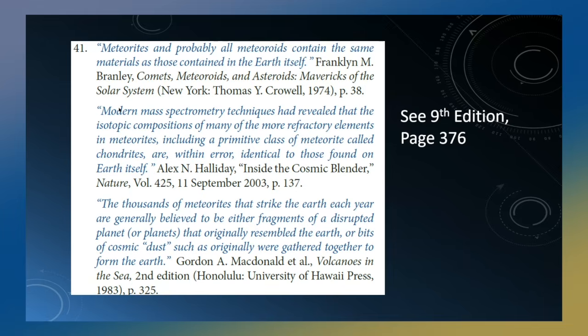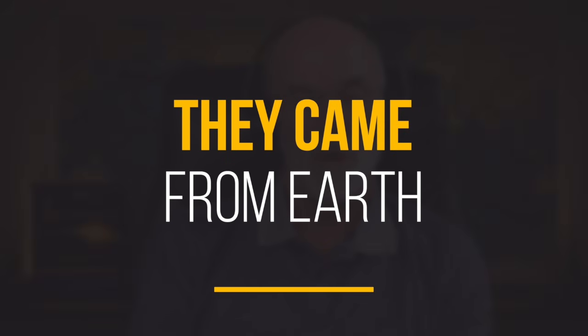The thousands of meteorites that strike the Earth each year are generally believed to be either fragments of a disrupted planet or planets that originally resembled the Earth. So these secular Big Bang evolutionary mindset people say that these thousands of asteroids and meteorites that we analyze look like they're fragments from a planet just like Earth. Well, yeah, they were just like Earth because they came from Earth.